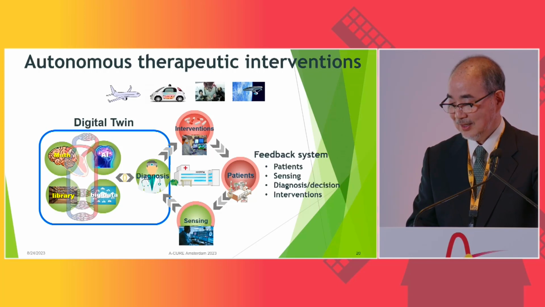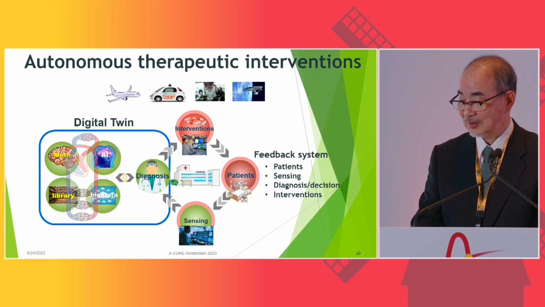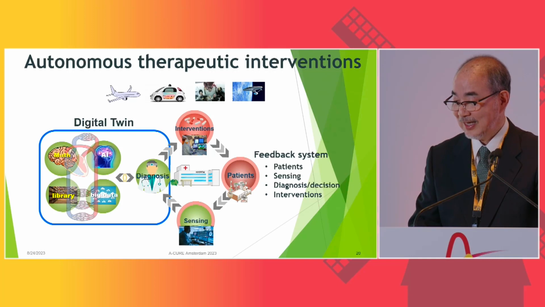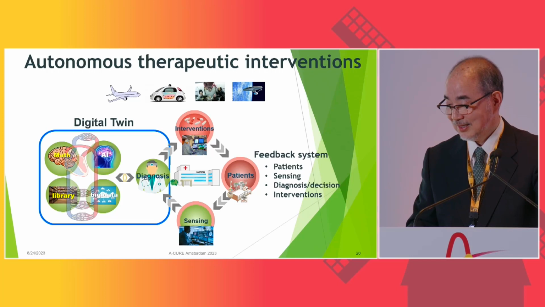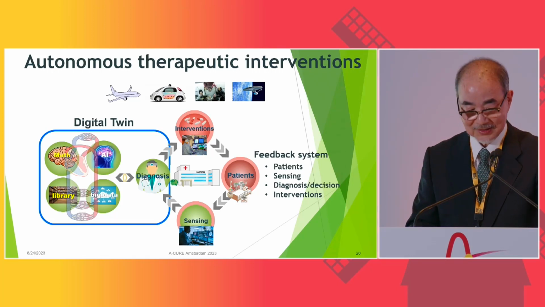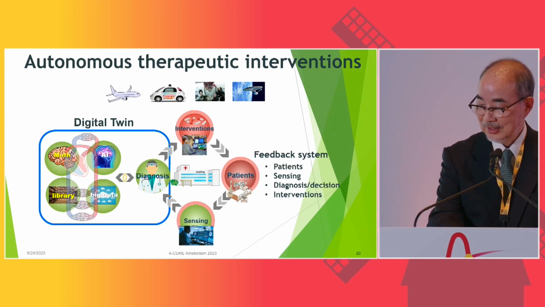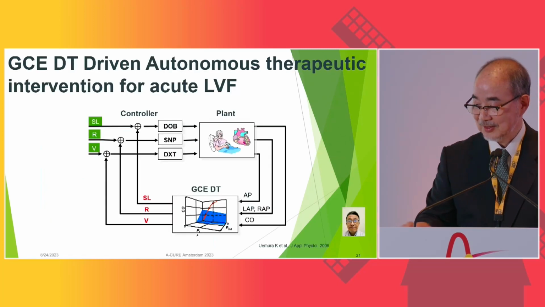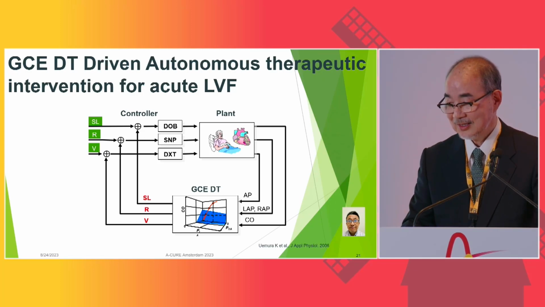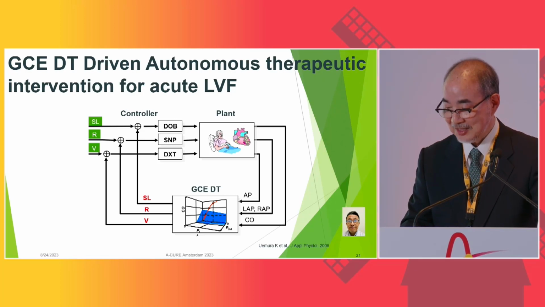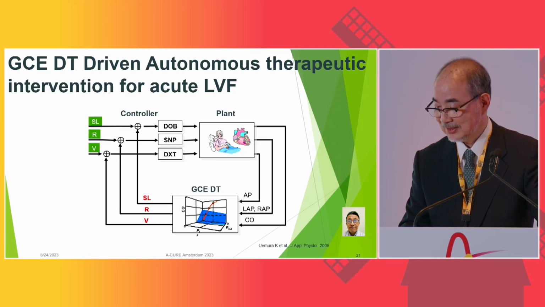Then the digital twin decides what's wrong and proposes what has to be done, then sends a signal to the intervention, the actuator, and treats the patient. So this cycle can be closed in real medicine. So this is one example. This is not new, yet the concept remains valid. So I'd like to introduce you here.